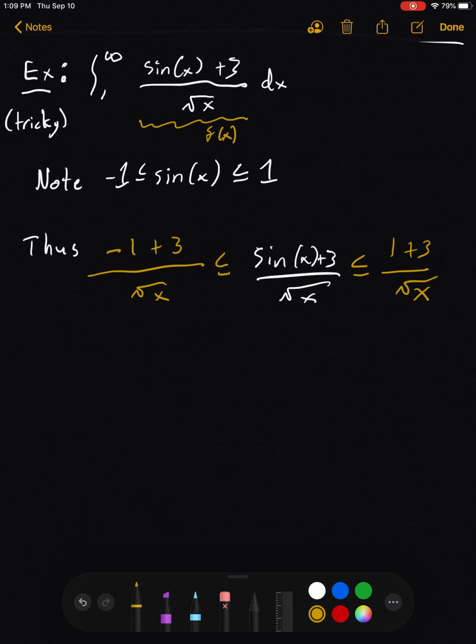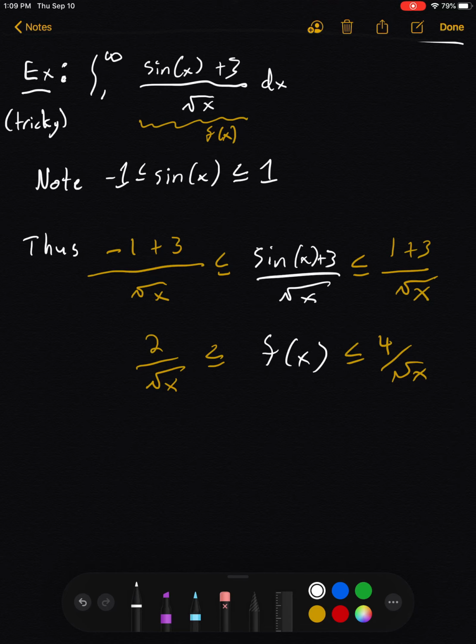In other words, negative 1 plus 3 is 2, so 2 over the square root of x and 4 over the square root of x bound f of x.